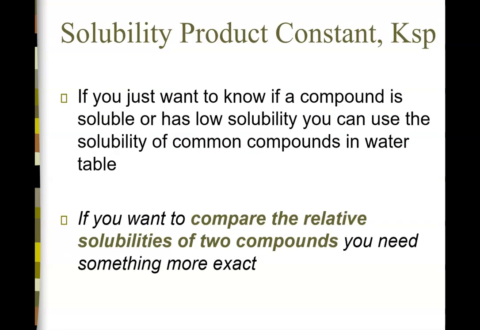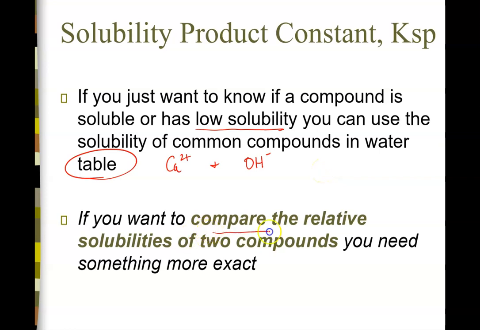Again, solubility product constant. If you just want to know if a compound is soluble or has low solubility, you can use the table that we've been looking at, right? If I want to know if I combine, let's say, calcium and hydroxide ions, I can look at the chart and know whether those have a low solubility or whether they're very soluble and have an idea about their general solubility.